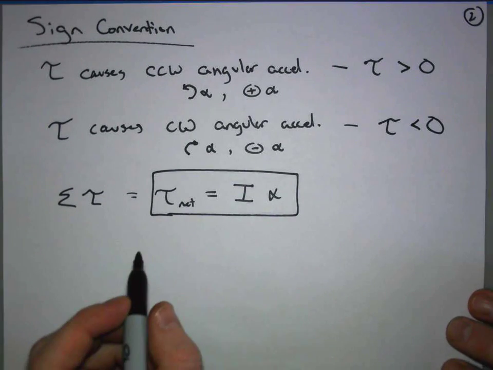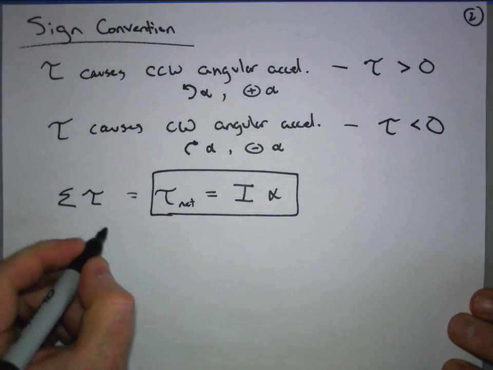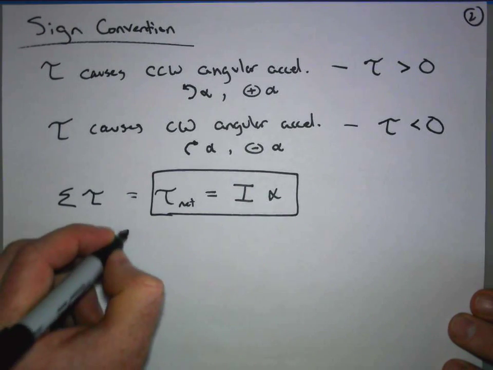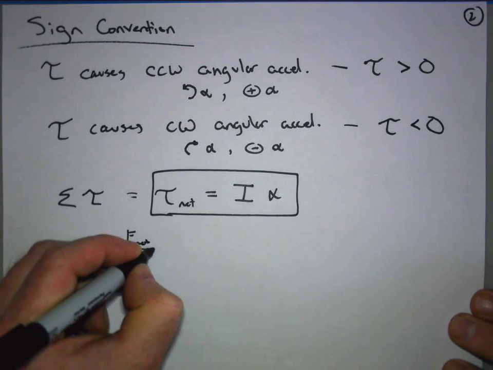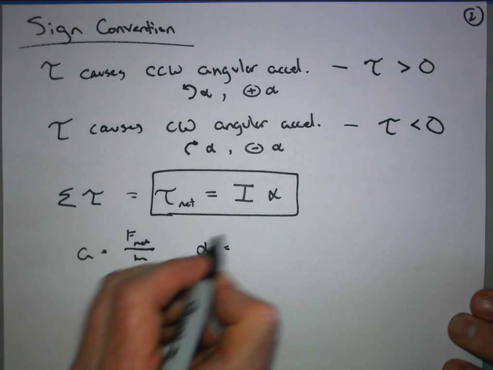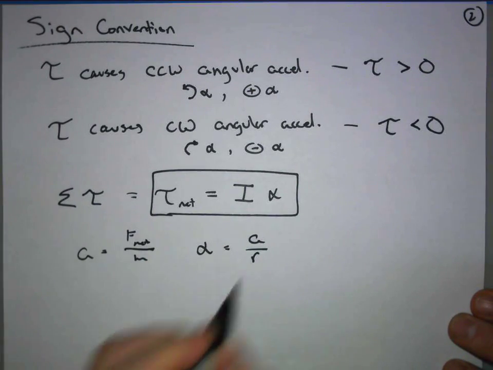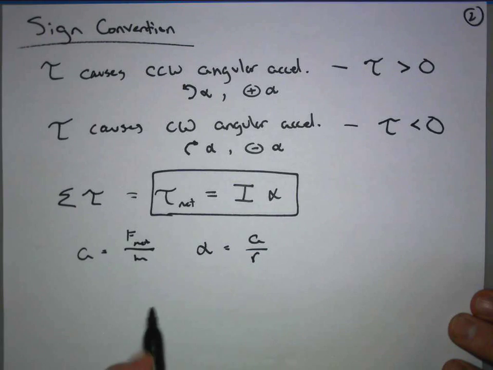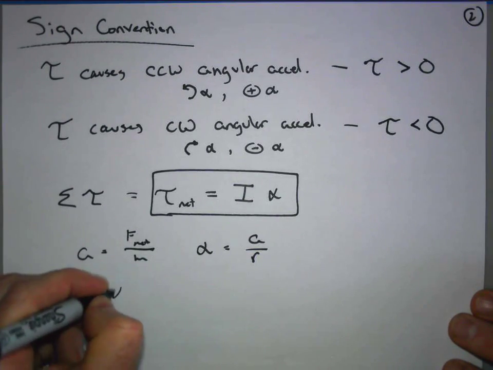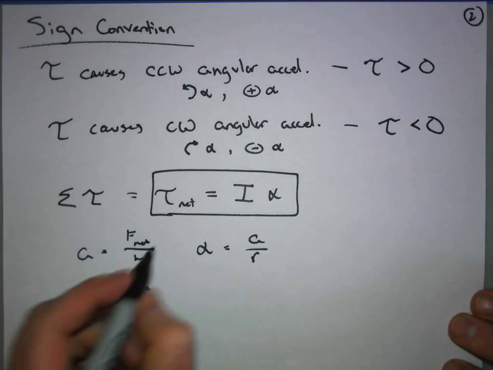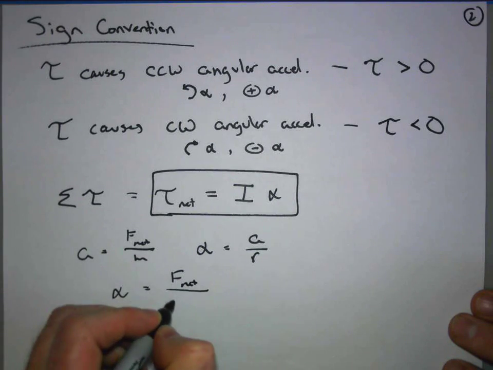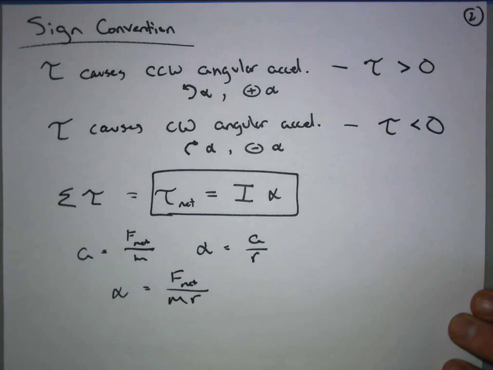It's pretty straightforward. Recall that acceleration is net force divided by mass, and also angular acceleration is linear acceleration divided by radius. And we just do a substitution, and we get this.